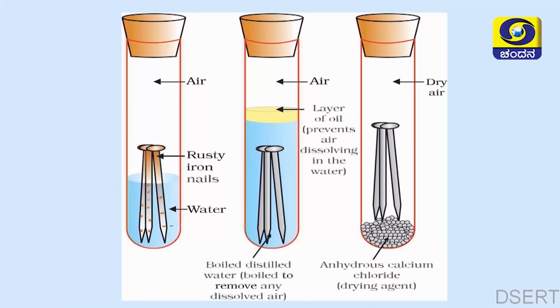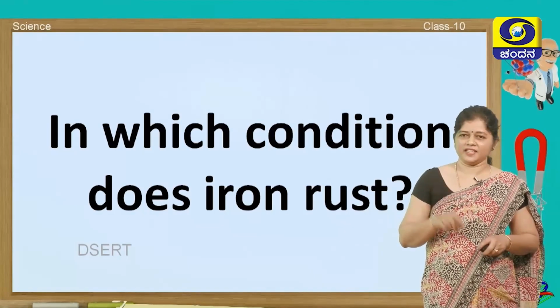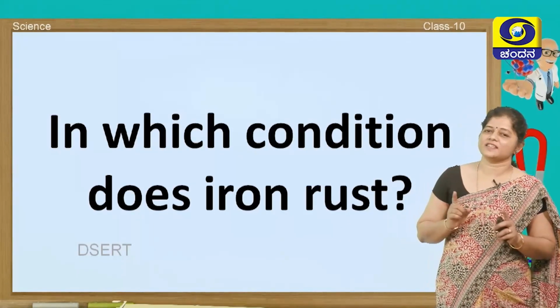And in the second test tube we completely immerse the iron nail in water and we add a layer of oil over the water, and above that you have the air in the test tube. And in the third test tube there is no water and there is dry air because we have added anhydrous calcium chloride, which is a drying agent which absorbs all the moisture from the test tube. The question is, you have to think and answer in which condition does the iron rust.